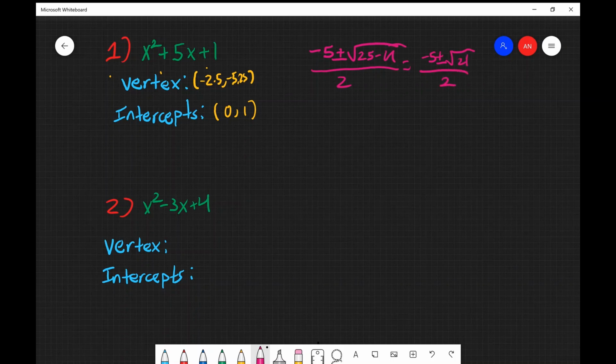So our x-intercepts are negative 5 plus root 21 over 2, comma 0, and the other one is negative 5 minus root 21 over 2, comma 0. Okay, and this is our solution for the first one.